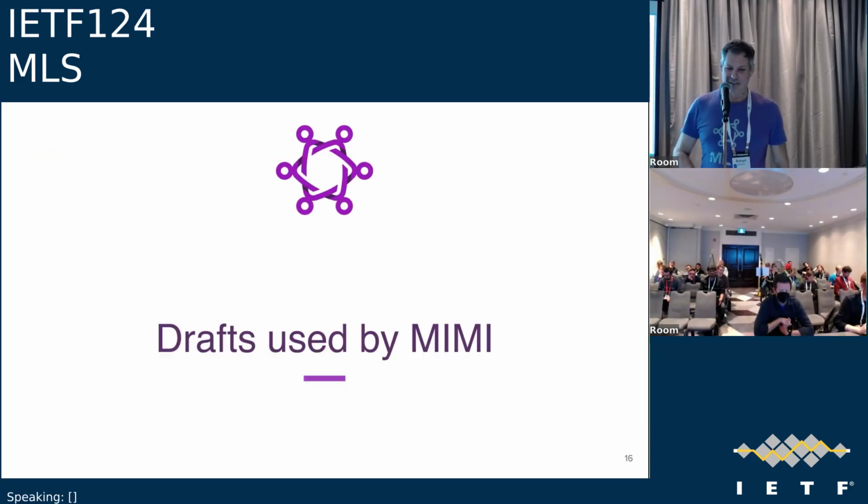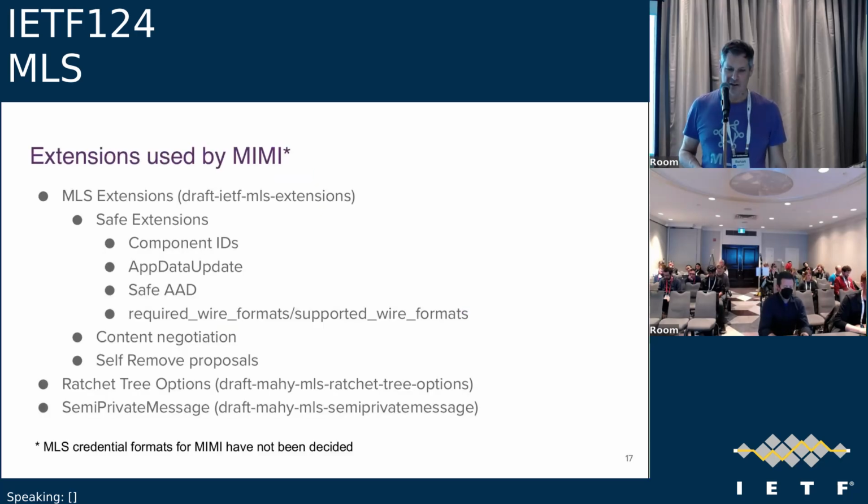All right. I don't really need to talk much about any of these. We've discussed this before. There are three specific parts of MLS extensions: the safe extensions framework, the content negotiation, and self-remove proposals that are currently referenced in MIMI documents. There's also ratchet tree options and semi-private message.